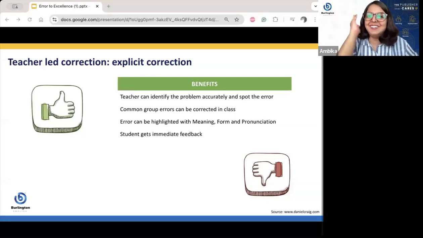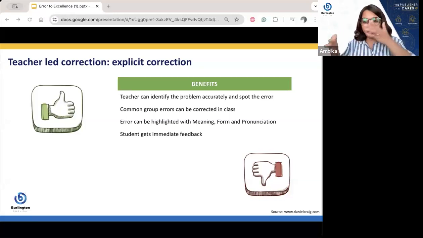So, the teacher sees an error, the teacher corrects an error. And in this way, you can see that when there is a common error in the classroom, you can immediately pick the common thing and then correct it. And you can also highlight it on your whiteboards or your boards and show the meaning, show how it is formed in a sentence, do the usual grammatical split there and go about it.